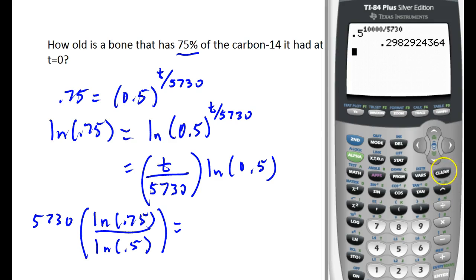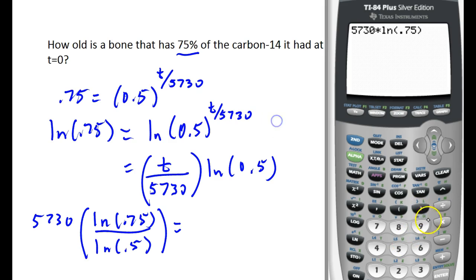Okay, let's get our calculator up here again. And I'm going to go 5,730 times the natural log of 0.75. Whoop, left off the point. 0.75. Well, left off the 7.